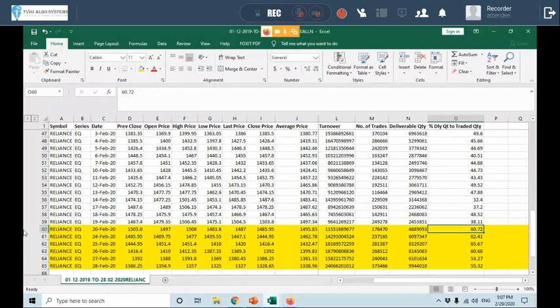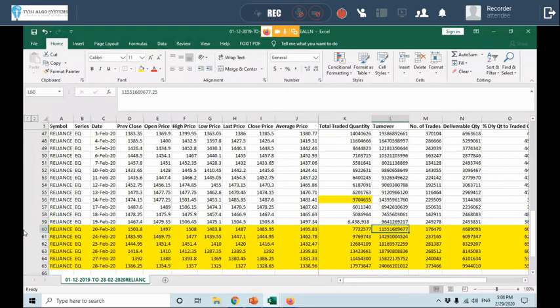If through my computer or through an algo I can capture this, if it's end of day, we can capture. For this kind of file it is end of day; for live data, we have another. So immediately I know that the delivery quantity is 46 lakh 89,000, which is more than 50% of average delivery.